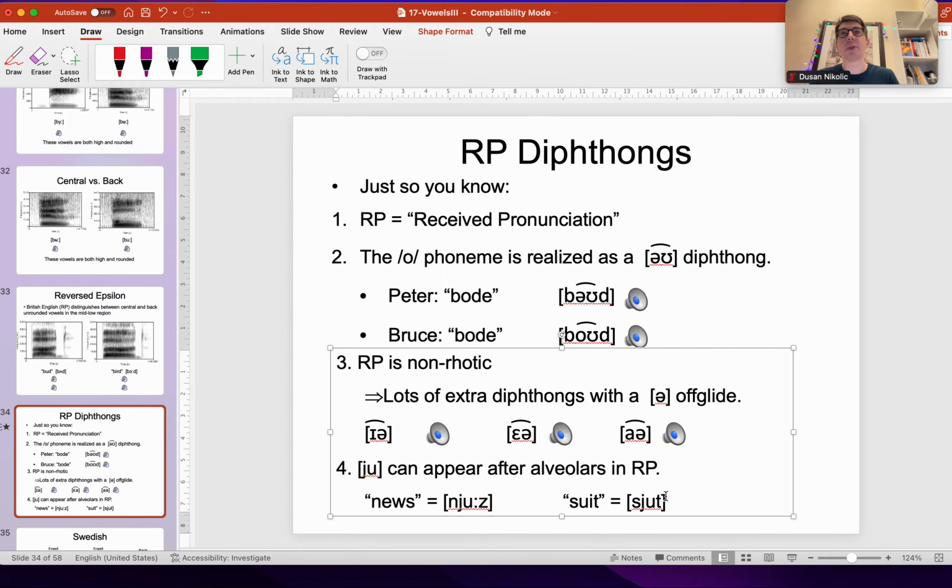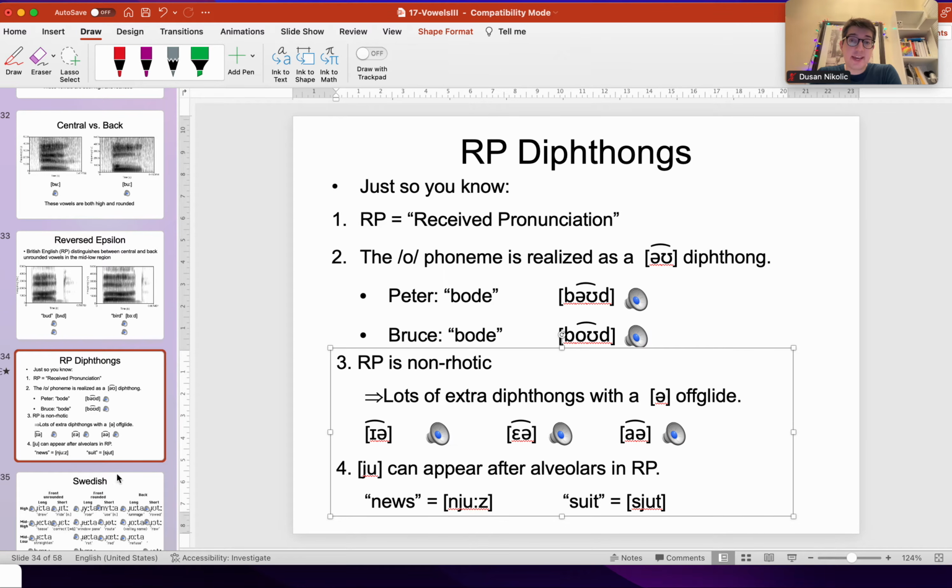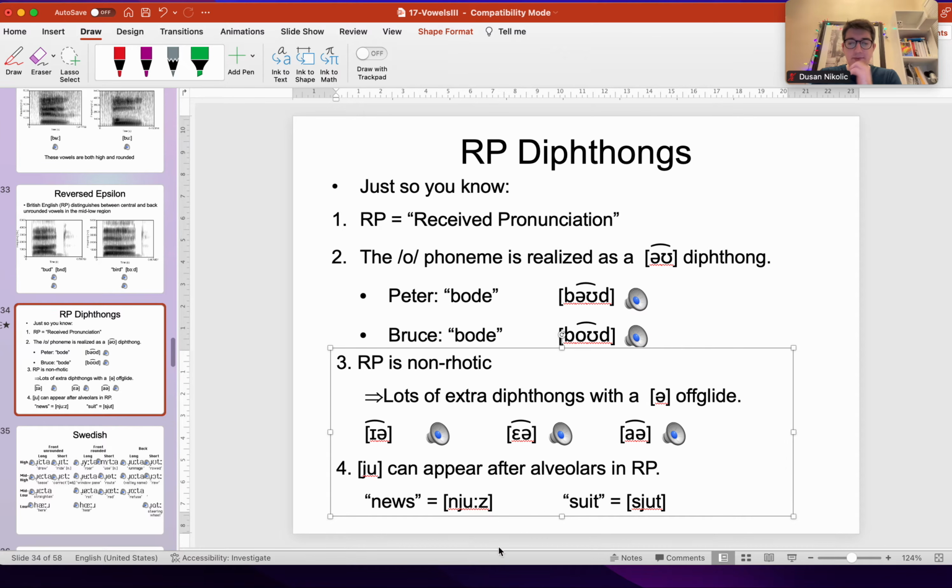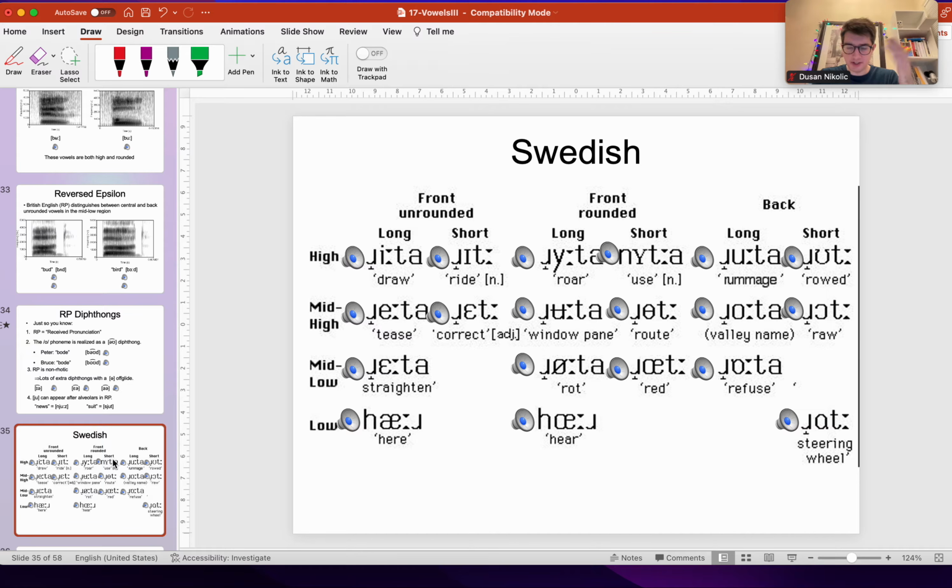Whether you would say beauty or booty, that would be a different word for that one. So I guess when it does not affect the meaning, the Americans would not use this, right? Or North Americans, I mean Canadians as well.